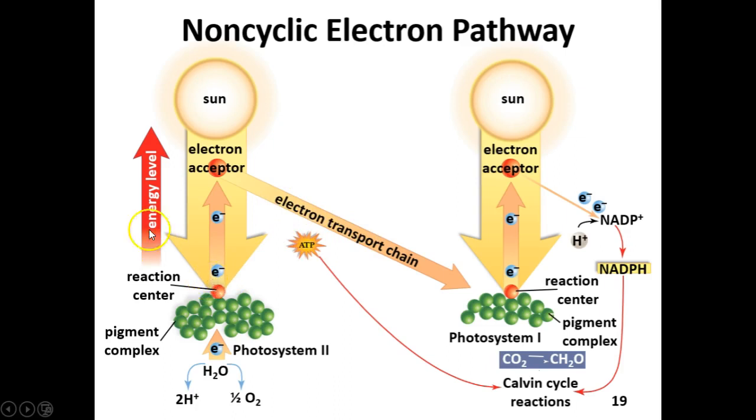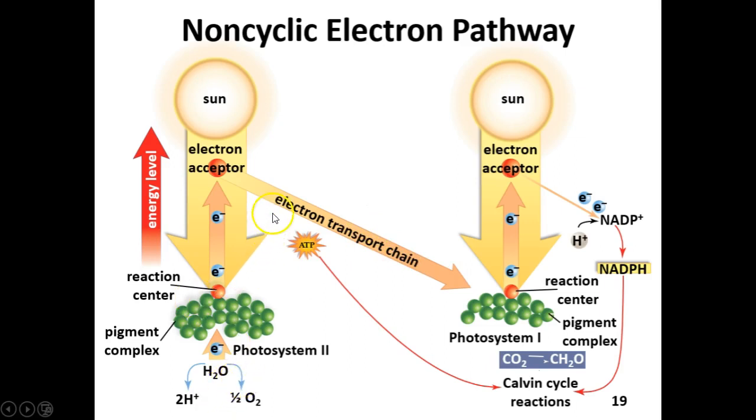When sunlight energy comes in, it activates the reaction center, and the electrons move up in energy levels, eventually jumping to this electron transport chain and being shuffled from one electron protein carrier to another.